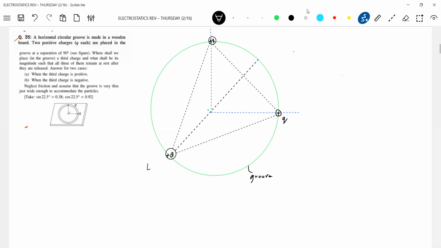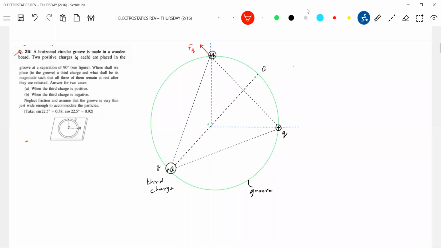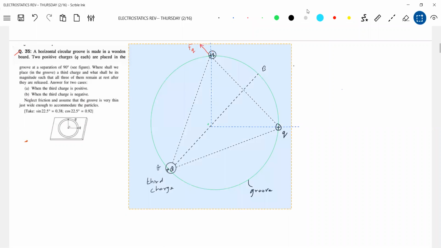There's a third charge. First, let me start with the positive one. At point A, I kept it. There's a point B. Now, what are the forces that are acting? Electrostatic force, here this force will be FQ. Due to this particular charge, and due to this particular charge, the force will slightly shift downward.